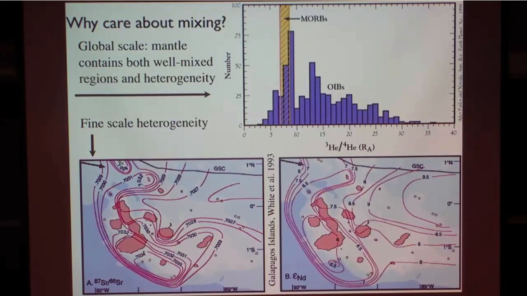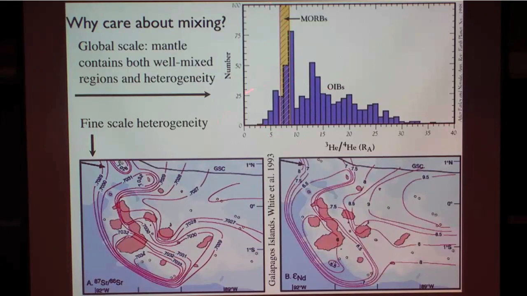And various other measures like this imply that the mantle source of MORB is well mixed. And since we think that the mid-ocean ridges can be thought of as randomly sampling the upper mantle, that means that the upper mantle can largely be thought of as pretty well mixed. So that's an observation that any successful model of mantle dynamics has to produce, or it's inconsistent with observations.